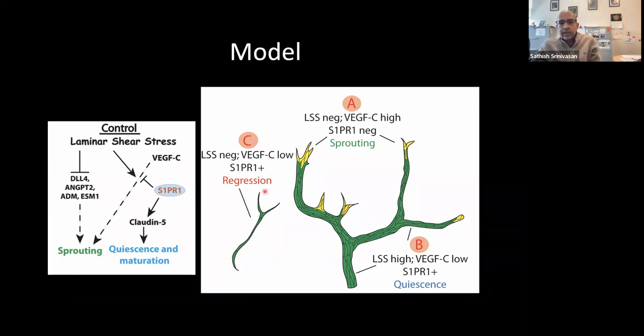And in places where the vessels, either lymphatic vessels or blood vessels, are not connected to blood circulation or lymphatic circulation, you would expect them to be inefficient. They are useless vessels, which are not playing any functional role in draining lymph fluid.